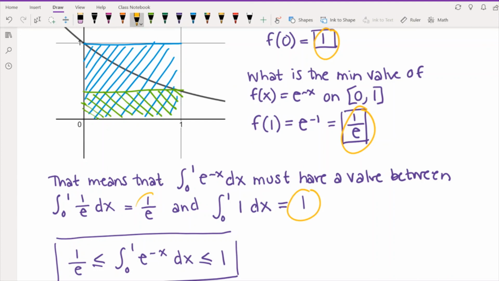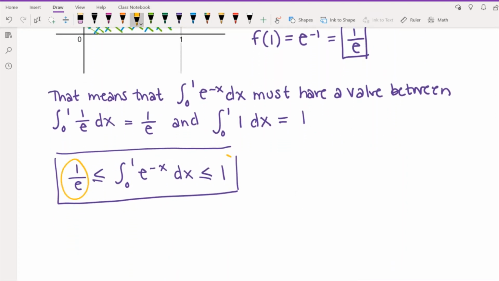And so the heights are 1 over e and 1, and then the base in this case also happens to be 1. But I don't want you to think that the max and the min value of the function are always going to be the numbers that go here and here. In this case, I don't want to say it's a coincidence, but it's because our interval has a length of 1.